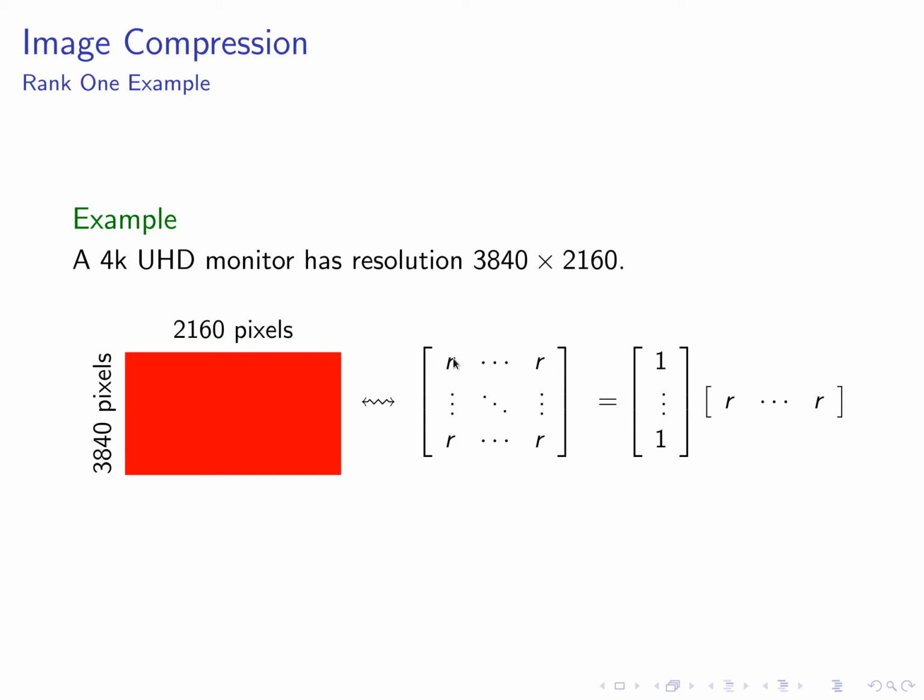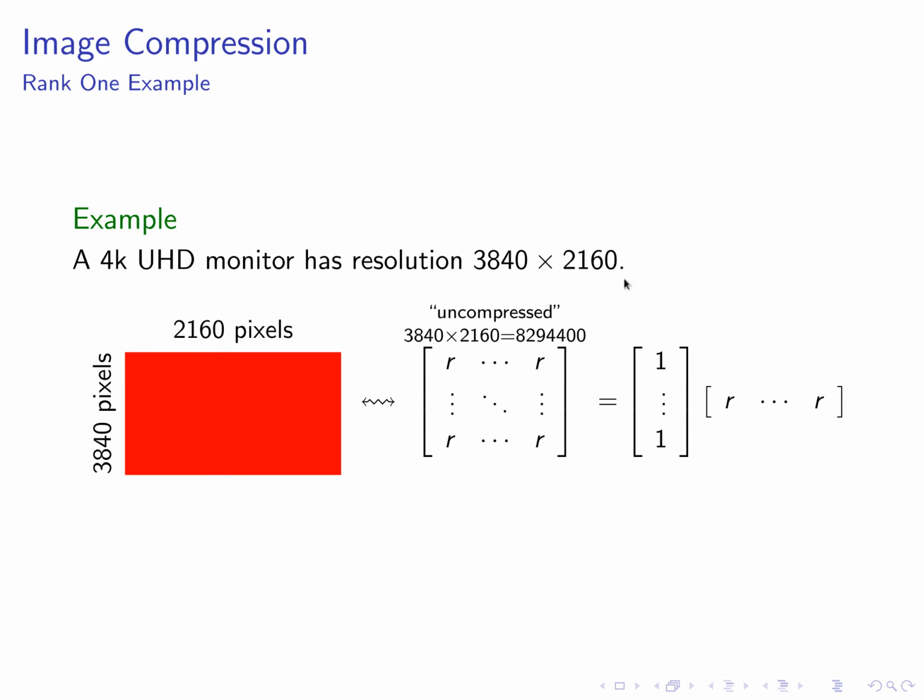So I can factor my 3840 by 2160 matrix, where every entry is the letter r, as a column matrix with 3,840 rows, multiplied by a row matrix with 2,160 columns.